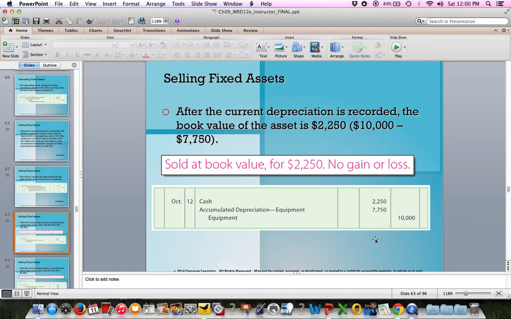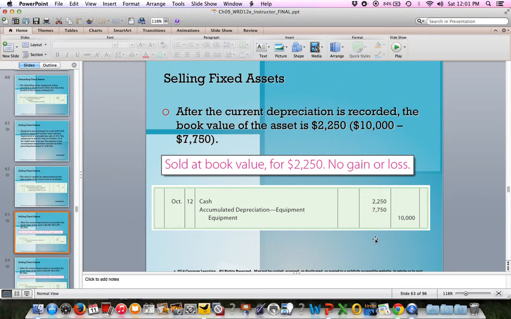After the depreciation is recorded, the book value of the asset is $2,250: cost of $10,000, minus depreciation taken of $7,750. That gives me $2,250 book value. So I'm going to sell the asset exactly for book value. I'm going to receive a check for $2,250. I'll debit cash for $2,250.